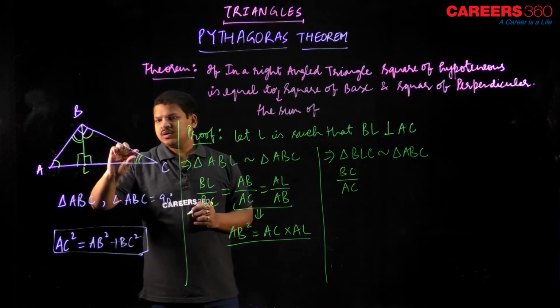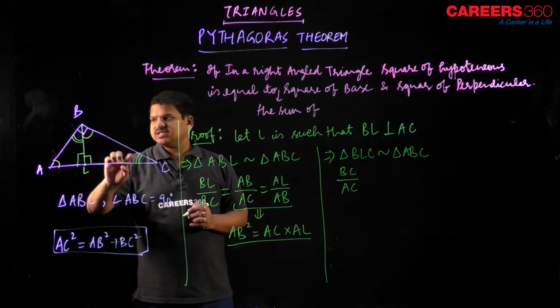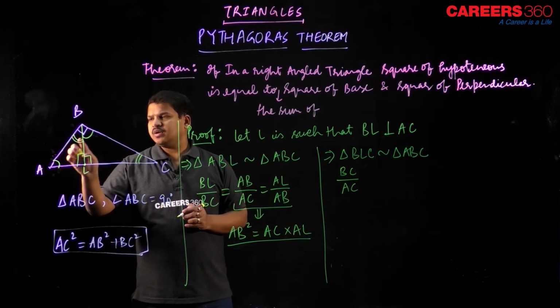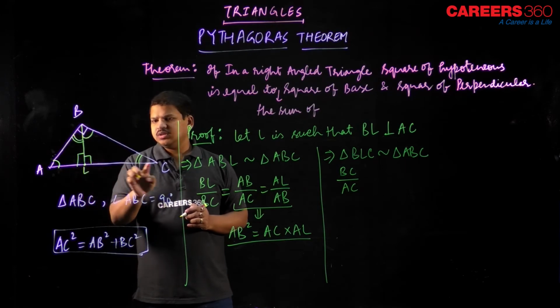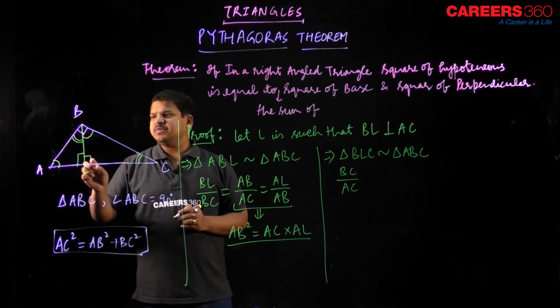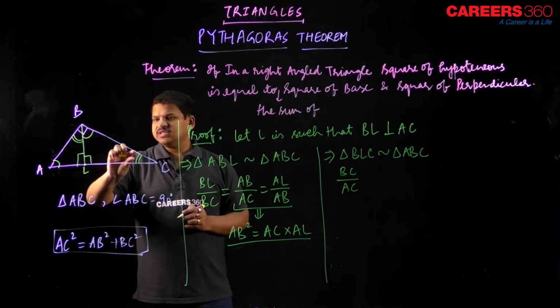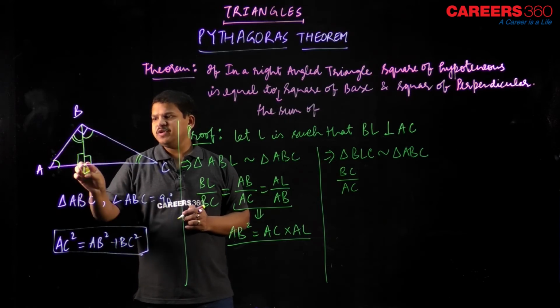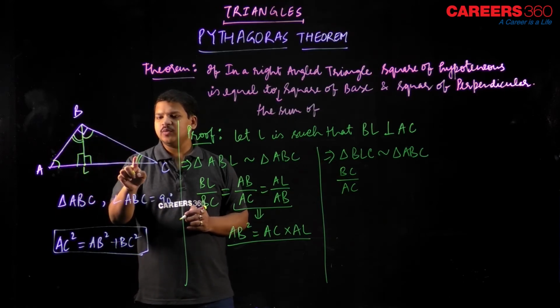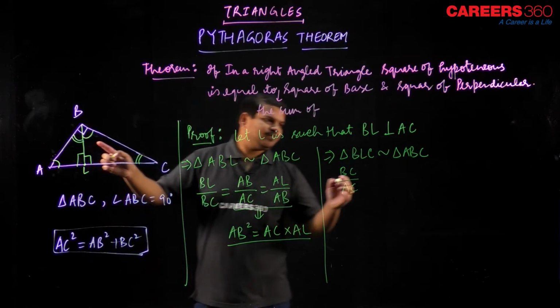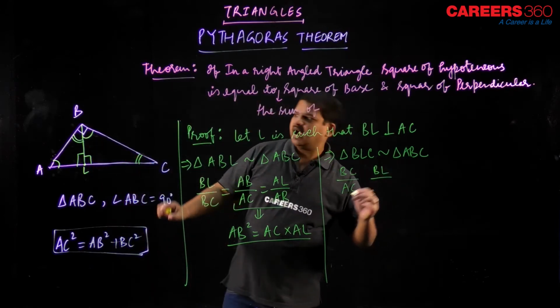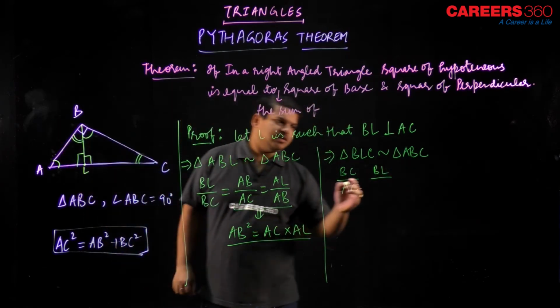Again, this angle is common in BLC and ABC. The side opposite to this angle is BL, and in the bigger triangle AB.